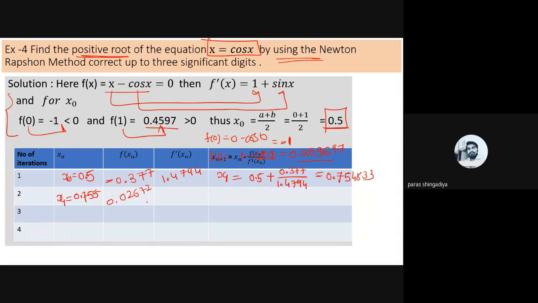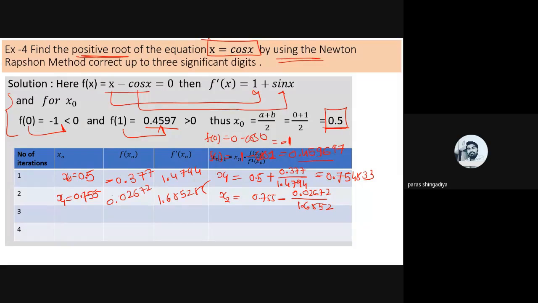And now the derivative output will be 1 plus sine 0.755, that will be 1.685288. Okay. And now the formula of x2 will be 0.755 minus. Now both values are positive, so here the remaining sign is negative only. So 0.02672 divided by 1.6852.